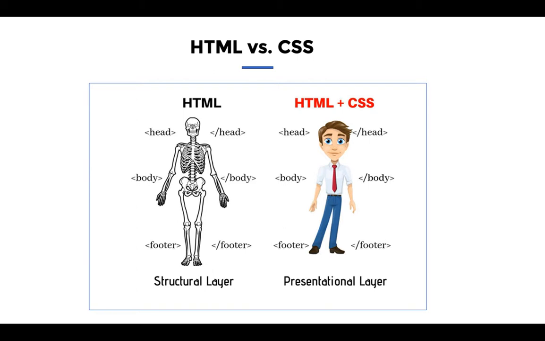Yeah. I've never seen that analogy before. Yeah. That's pretty funny. And then if we wanted to add JavaScript, then JavaScript would be like movement. It decides when you should wave with your hand that CSS has styled and HTML has built, right? Yeah.